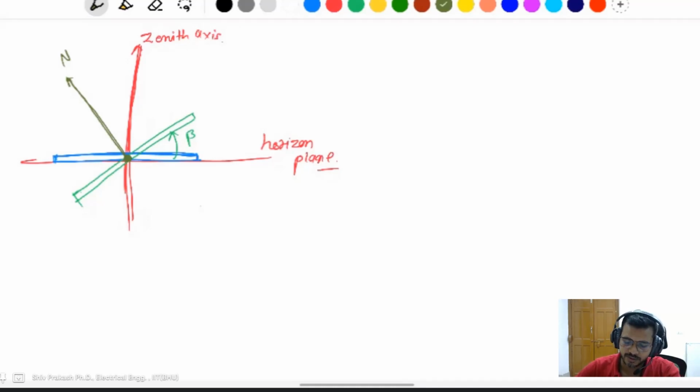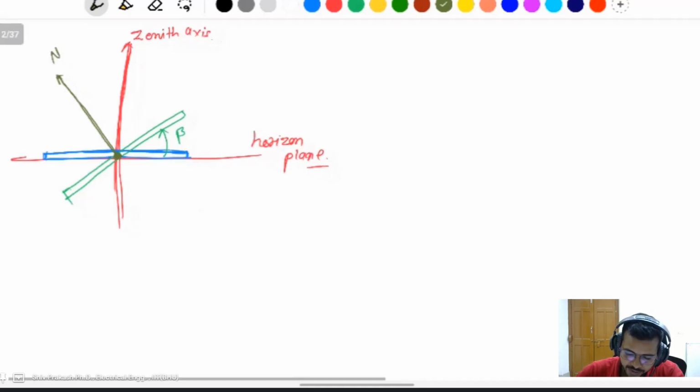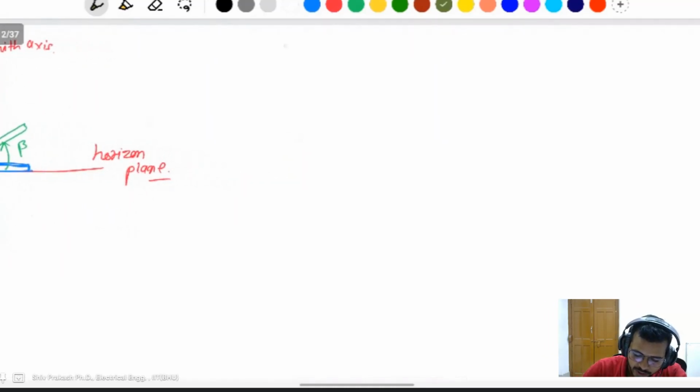Previously you read the two coordinate systems: earth centric coordinate system and local centric coordinate system.